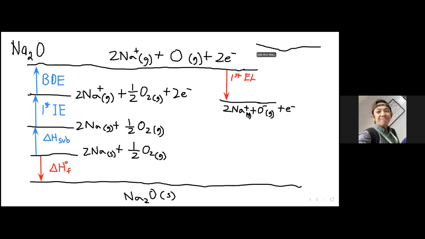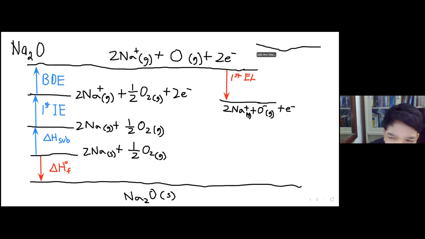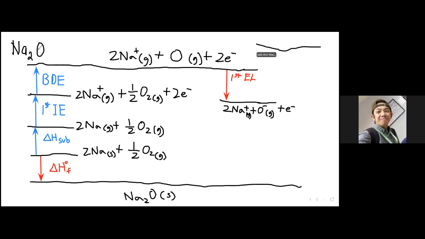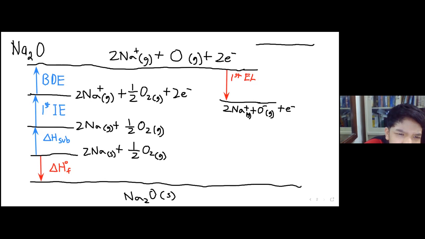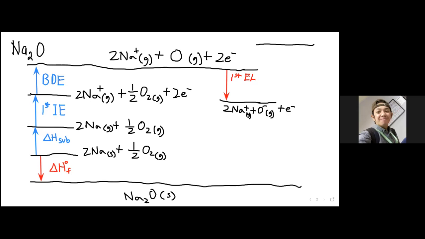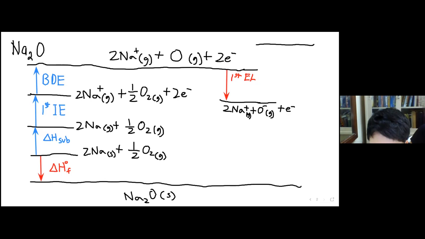But oxygen, right? You ended up with oxide O negative. What you want is O2 negative, the most stable. Very good. So you'll have another leap in energy. Another EA.